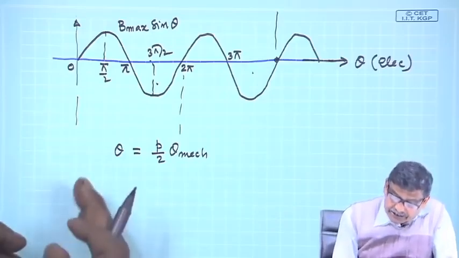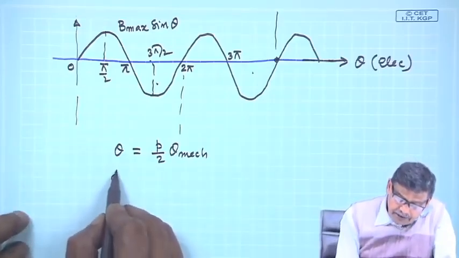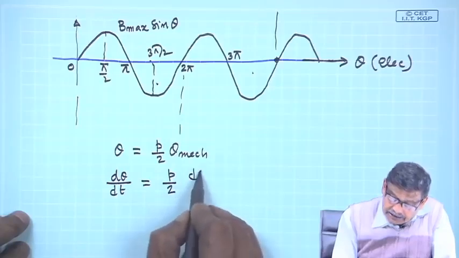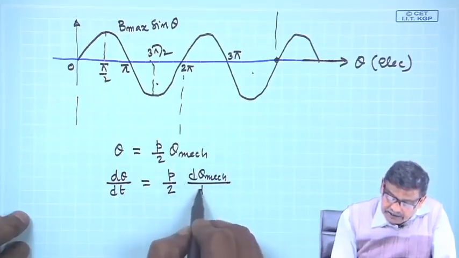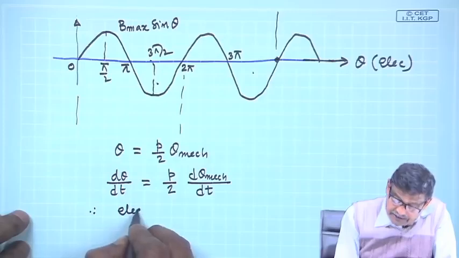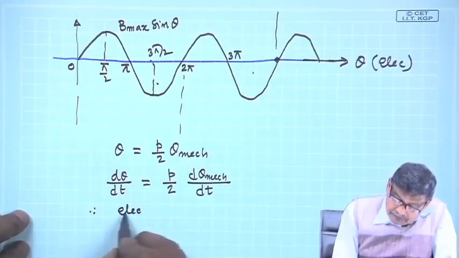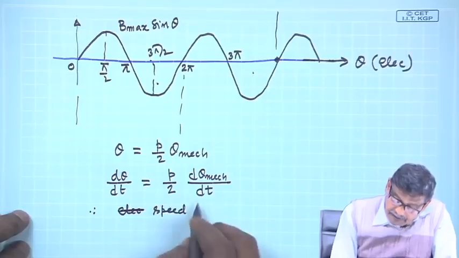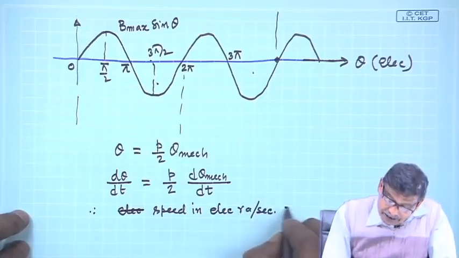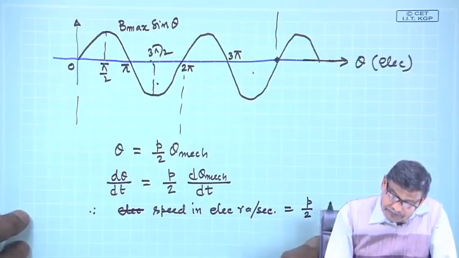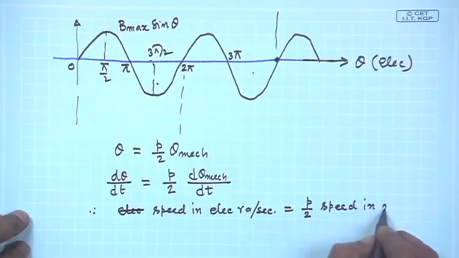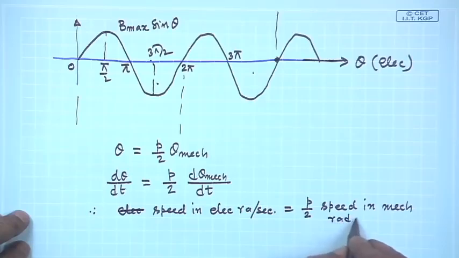Now, if you differentiate this with respect to time, you will get angular velocity d theta by dt equal to P by 2 d theta mechanical by dt, or I will say that electrical speed in electrical radian per second will be equal to P by 2 times speed in mechanical radian per second.